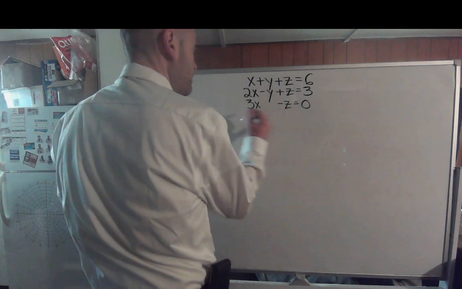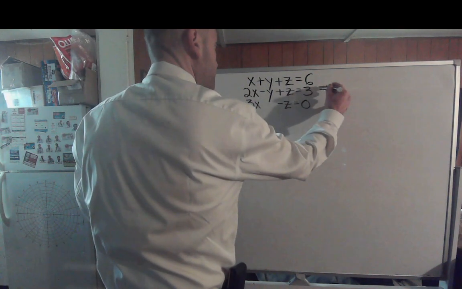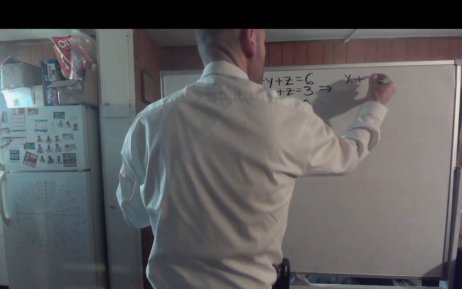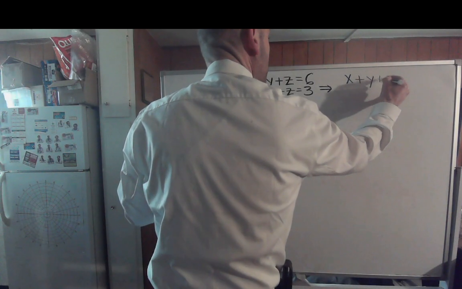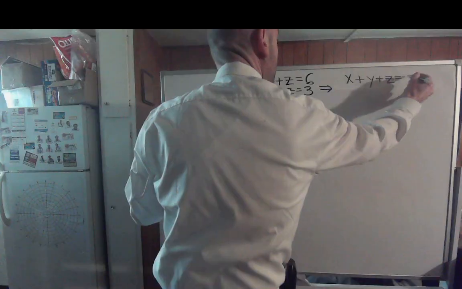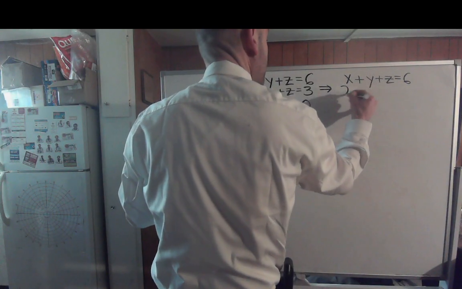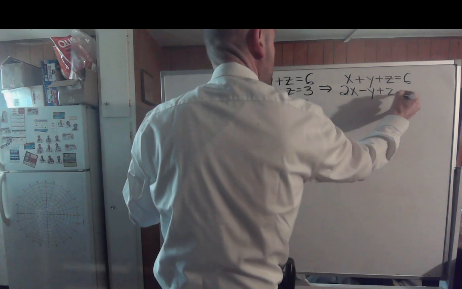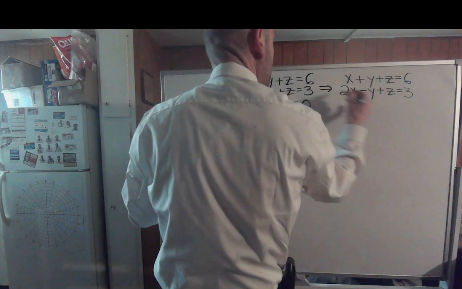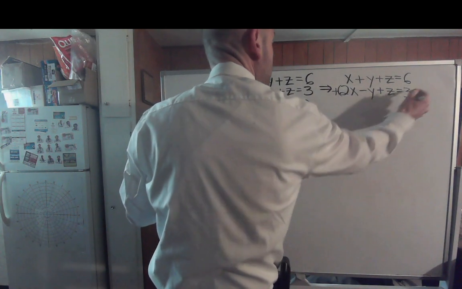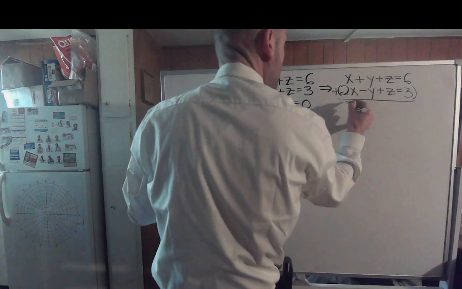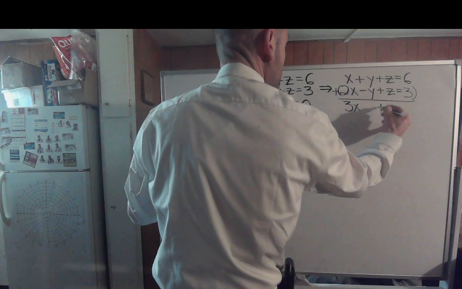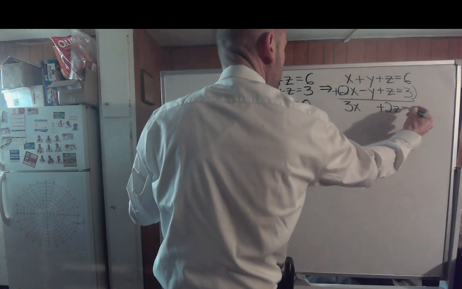So, if we just add the first two equations together, you'll get x plus y plus z equals 6, and then you'll have 2x minus y plus z equals 3. So let's just go ahead and add these two equations together. You'll get 3x for the x, the y's are gone, then you'll just have plus 2z equals 9.